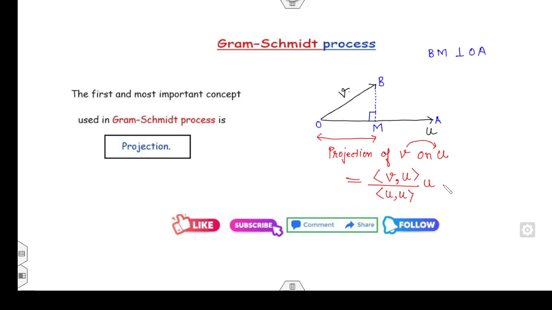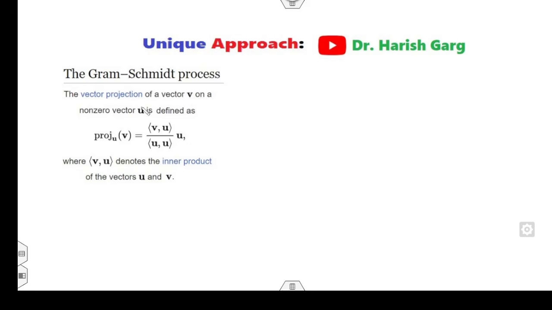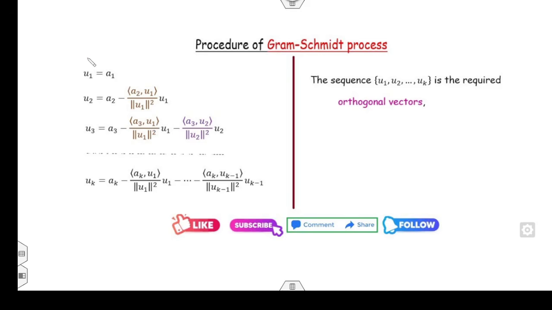So this is the formula for the projection of v on u: the projection of v on the vector u is <v,u> divided by <u,u>. And based on these projections, we can define u1, ..., uk as my orthogonal vectors. But you do not need to remember this. I will tell you the shortcut tricks.